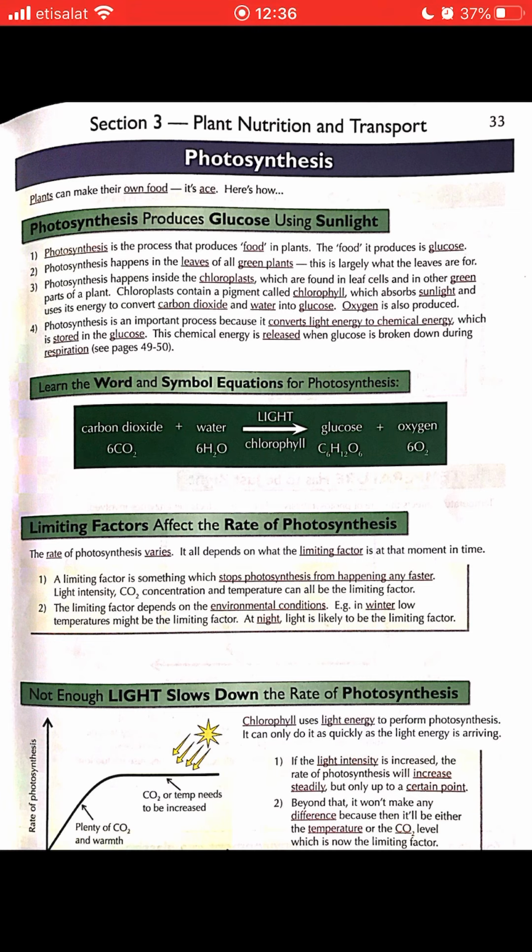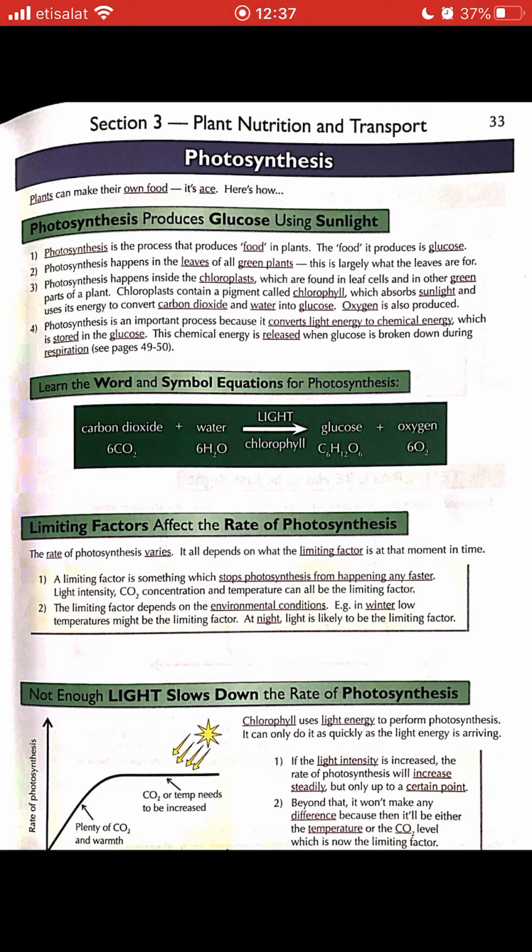The limiting factor depends on the environmental conditions. For example, in winter, it could be low temperature that's your limiting factor, whereas at night time, sunlight is likely to be your limiting factor. In more recent work, we've looked at maximising crop yields, and how a farmer might manipulate their greenhouse. What they're considering are those limiting factors.